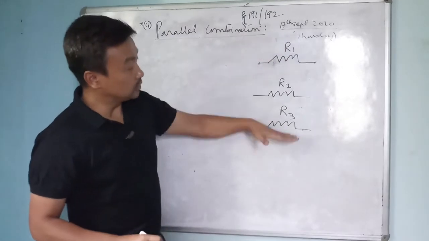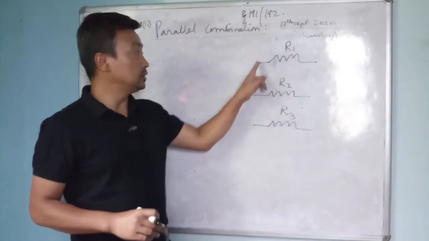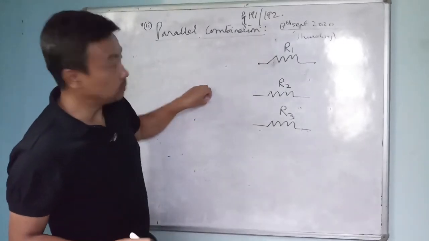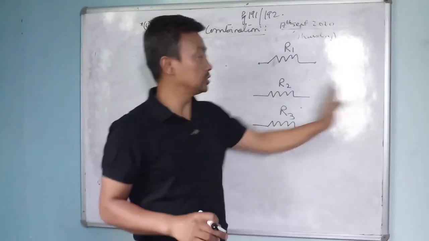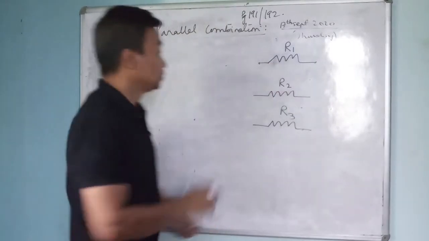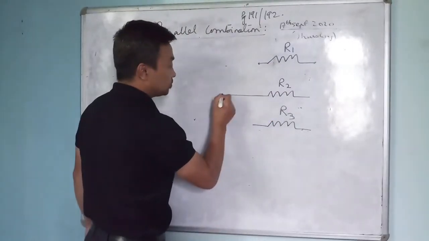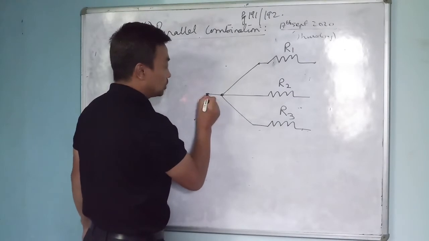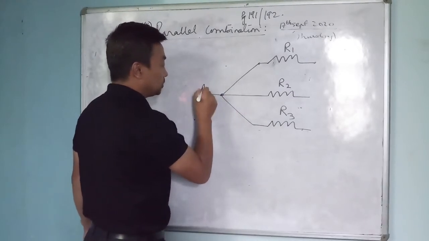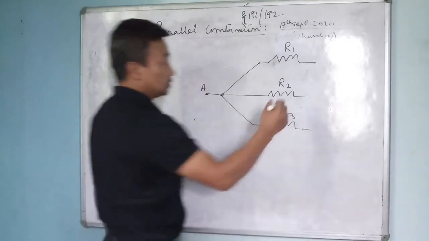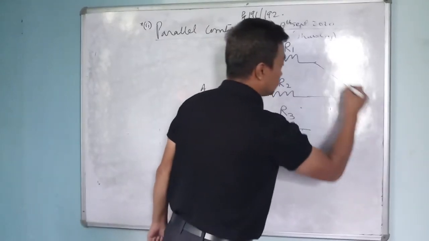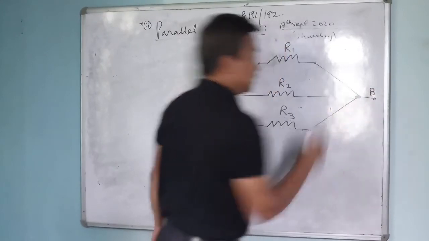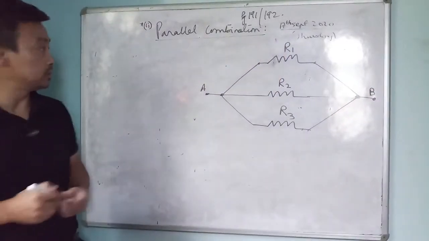It is kept in a pile. Okay. Now these are the same end, one end. The one end is connected to one point and the other end is connected to the other point. Let us say it is connected to point A, like this. Then we have the other end. Let us say this is connected to the point B. So this is how the parallel combination looks.